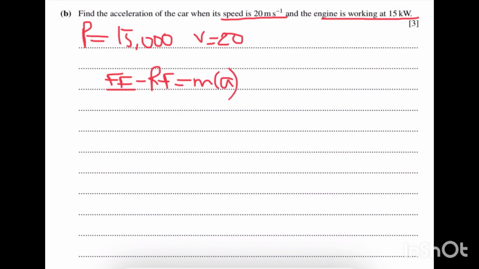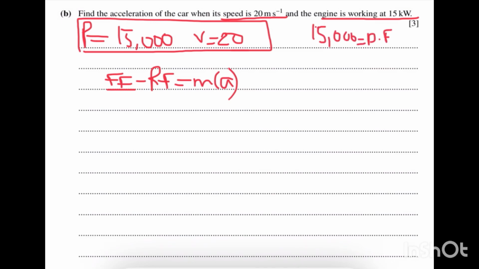So if you look closely, you will see that we can find out the forward force or the driving force using this information that we have. So power, which is 15,000, is equal to the driving force multiplied by velocity, which in this case is 20. Dividing 20 on both, we get that the driving force is equal to 750.